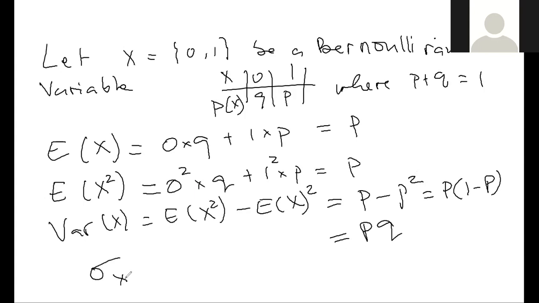And the standard deviation of x is square root of pq. If you consider tossing a coin as a Bernoulli distribution, the probability of success is half, so the expected number of heads is half. And the variance is 1 over 4, half times half. Standard deviation, half. This is a very simple distribution, but useful in defining and doing proofs as we move on.